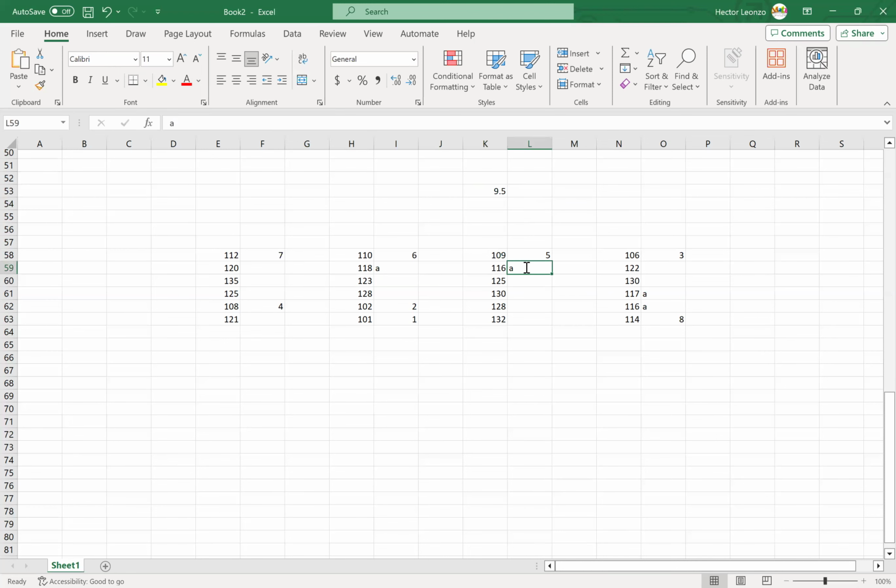So 9.5 and 9.5. Instead of calling them 9 and 10, I call it 9.5 each. So this is going to be my 11th and this is going to be my 12. Good.